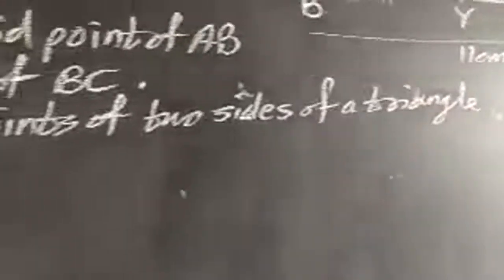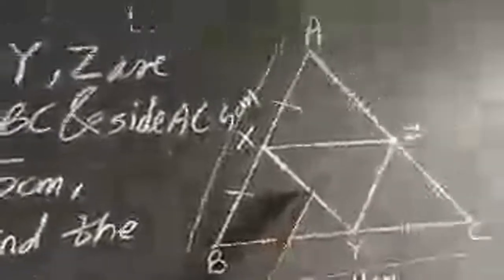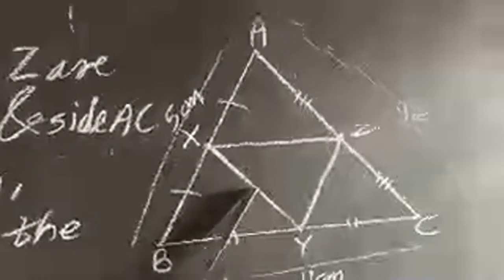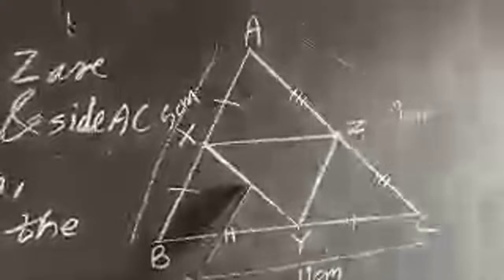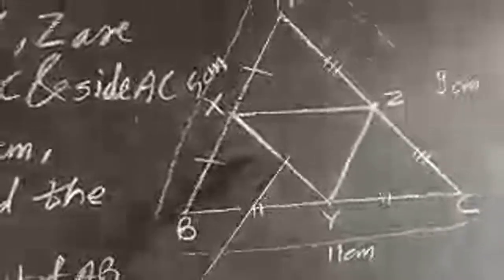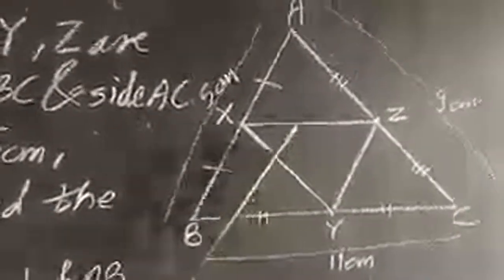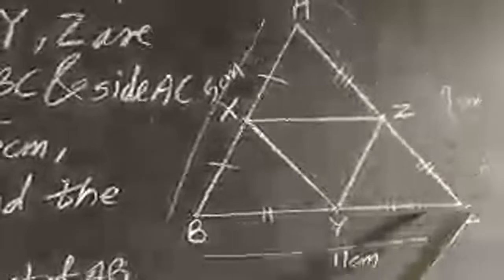by that theorem, what do we write as the conclusion? The segment joining the midpoints, that is XY, is equal to half of the third side.